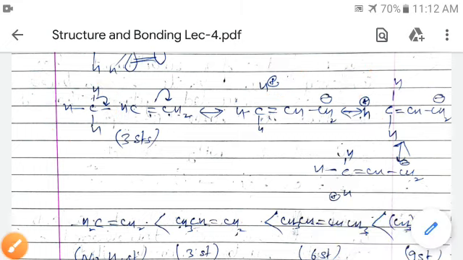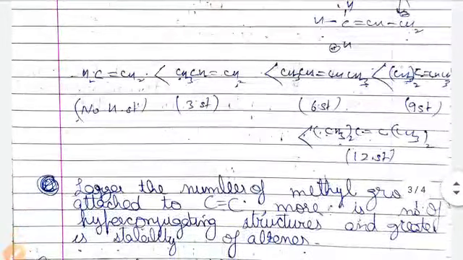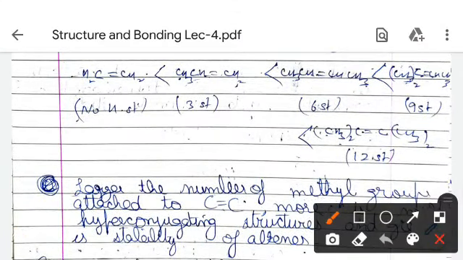Similarly, in this, no alkyl group is present. The double bonded carbon atoms have only hydrogens attached to them. In this, one methyl group is present, so it can have 3 hyperconjugating structures. In this, 2 methyl groups are attached, so it can have 6 hyperconjugating structures.